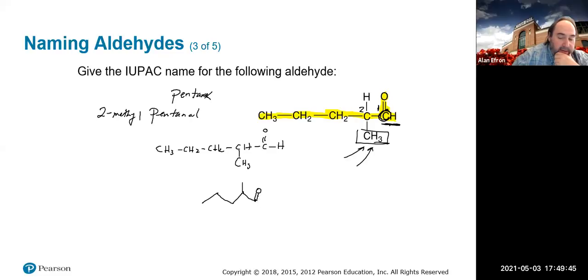Sometimes people won't draw the H because it's implied that this is technically a carbon right here with 3 bonds. And then remember, a lone line basically represents a methyl group, and this would be carbon 1, 2, 3, 4, and 5. So line structure would just look like this basically. Question on that one there? Okay.